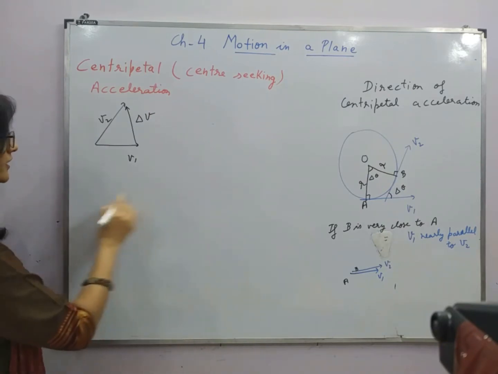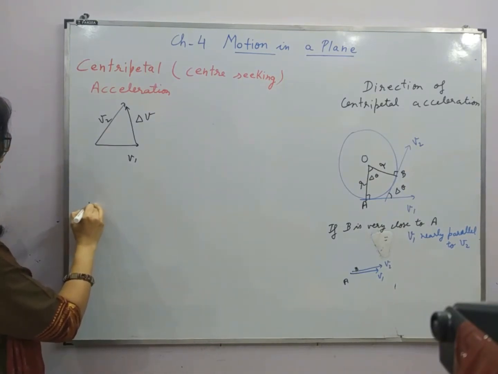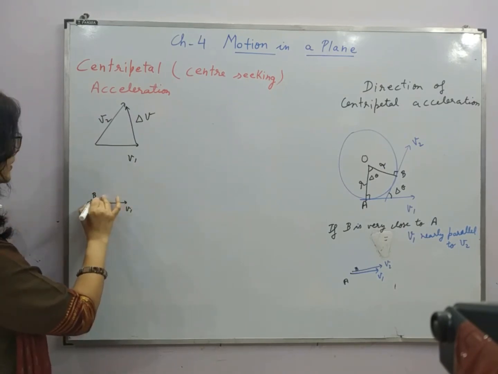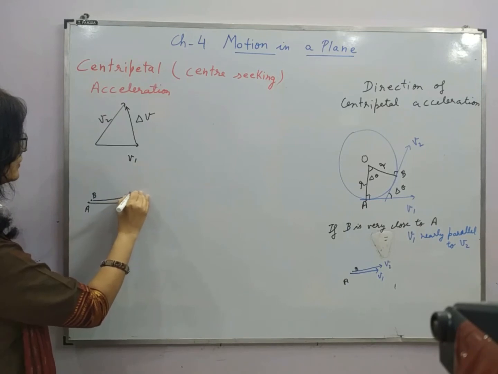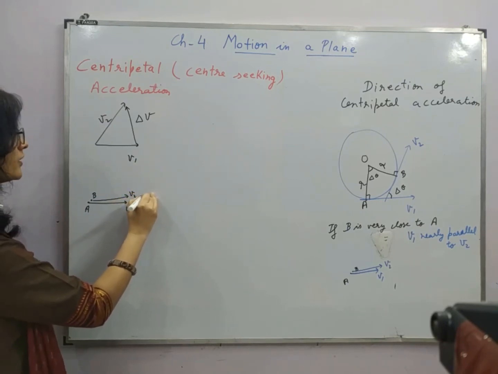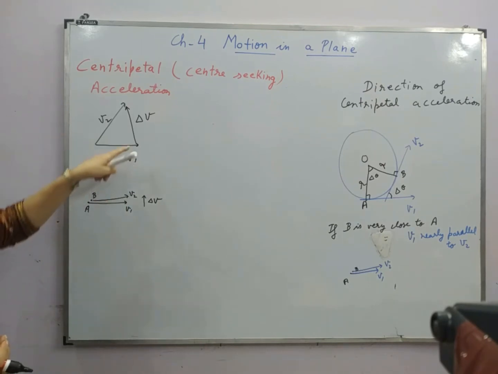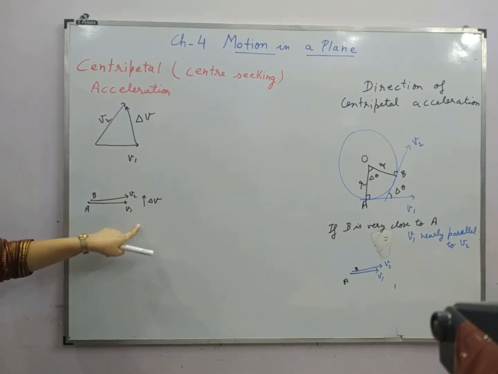But now we have this case. This is A, this is B, very close to each other. So this is v1, this is nearly parallel. So this will be the direction of delta V. Yes or no? Difference of these.